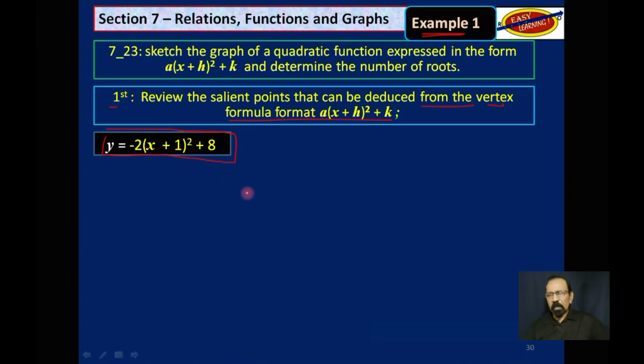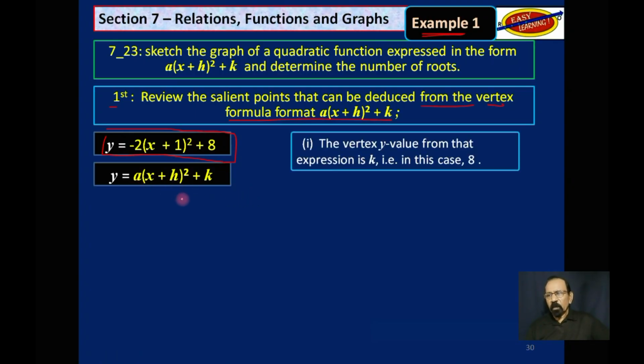If we were to plot that on a graph or sketch it, what do we know? We know that the y value of the vertex is k, which is 8. We know that. Remember, we need to get some data points to plot the graph.